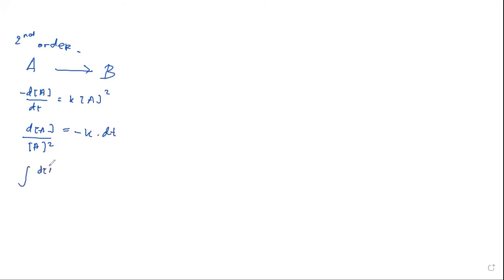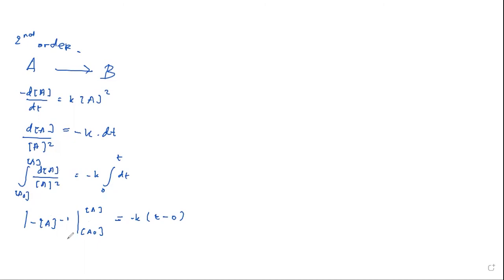So the integral of dA over A square. Like I said before, according to the integral rules, the integral of dA over A square will be negative A to the power of 1, equals negative k times t minus 0.